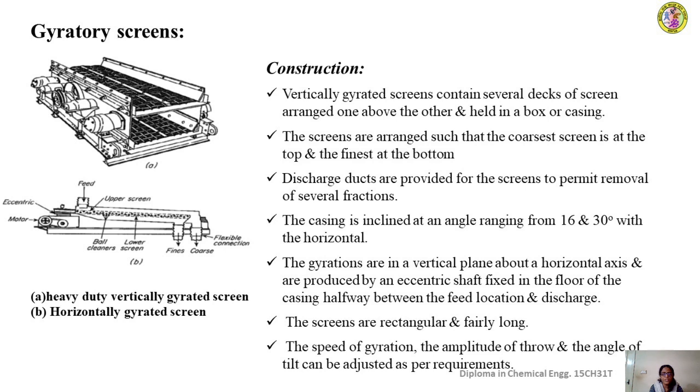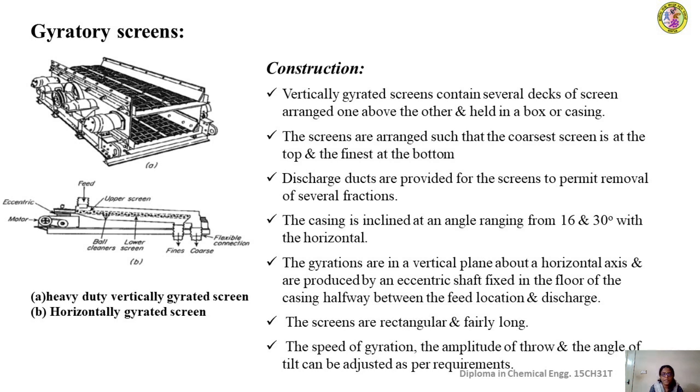The gyrations provided in a vertically gyrated screen will be about the horizontal axis, and these are produced by an eccentric shaft fixed to the floor of the casing, almost at the center of the casing, midway between the feed location and the discharge. The entire construction and movement are designed to get the maximum size separation from a given screen.